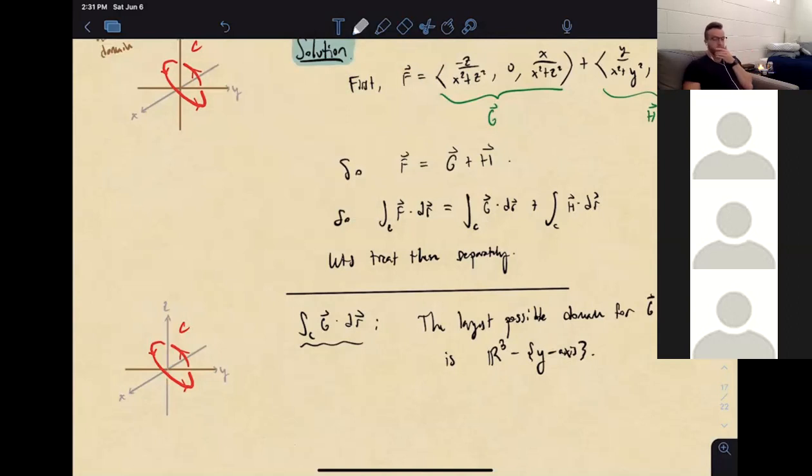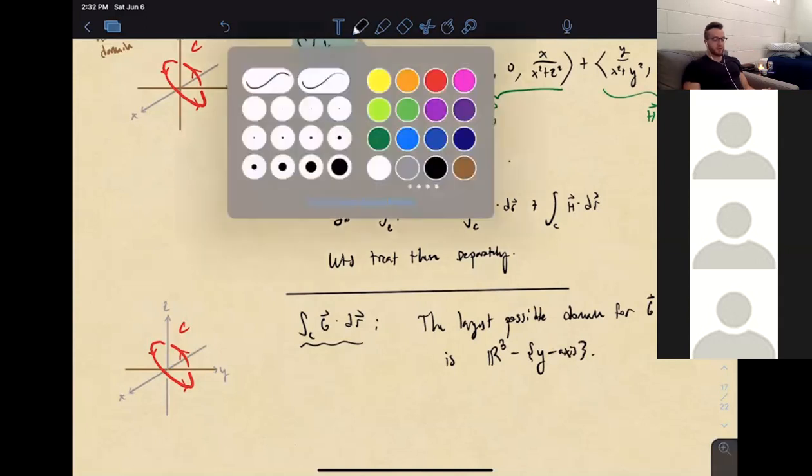Okay. What other things might be interesting to know about G?